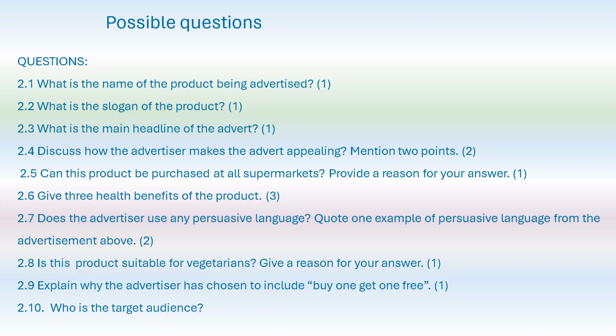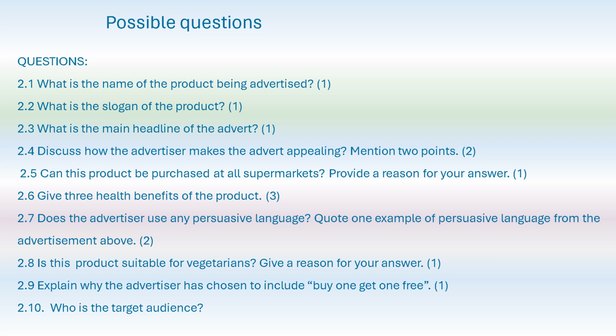Now, possible questions that you would get in exams. These are generalized. They appear in most exams, and can be adapted to different adverts. Go through this list at home in your own free time and develop answers for them, looking at different adverts. So I'll run through it quickly. What is the name of the product being advertised? What is the slogan? What is the main heading of the advert?